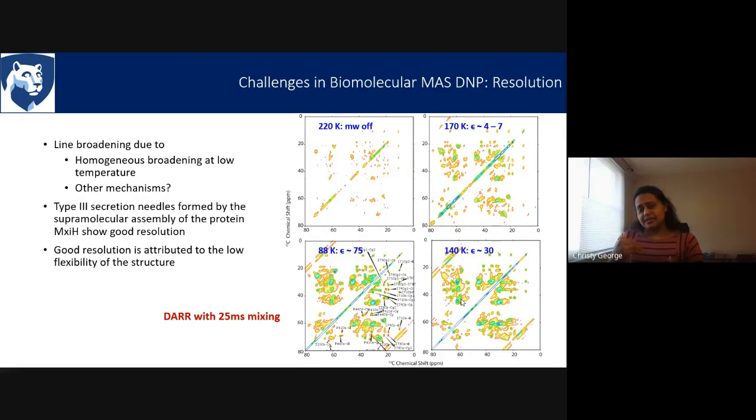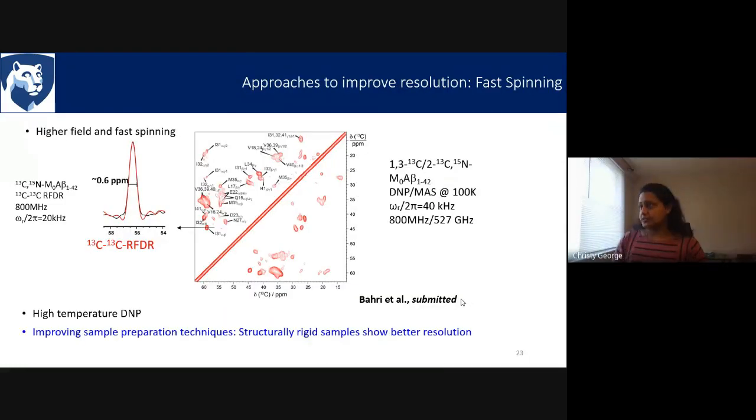If you speak technically, these are not crystalline solid state NMR spectra, rather these are frozen liquids. So if we can, instead of doing that, keep the molecules as crystals, we can improve the resolution.